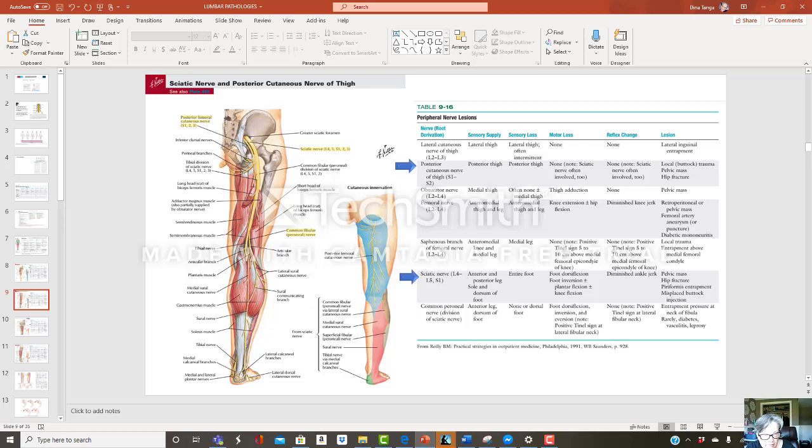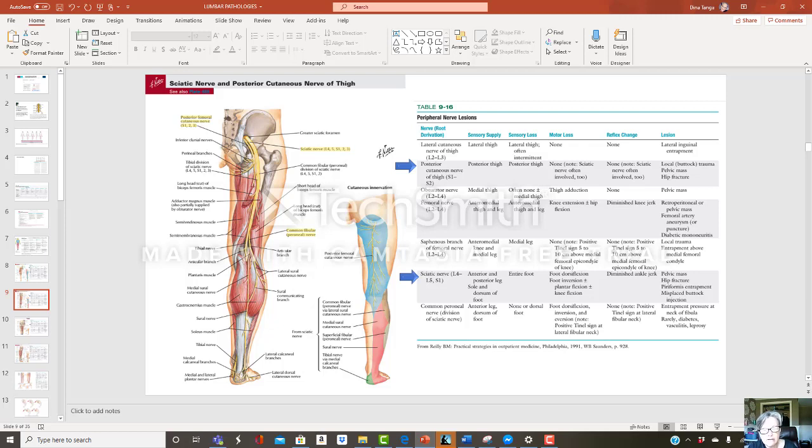You have the superficial fibular nerve in green, tibial nerve in darker green, and the common fibular nerve in a brownish color from the sciatic nerve. All of those come from the sciatic nerve.